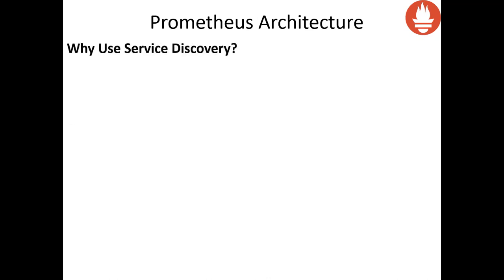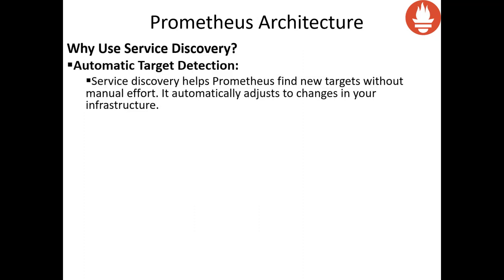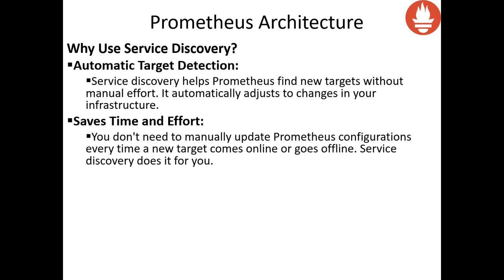Now, why do we use service discovery? Automatic target detection: service discovery helps Prometheus find new targets without manual effort. It automatically adjusts to changes in your infrastructure. Saves time and effort: you don't need to manually update Prometheus configurations every time a new target comes online or goes offline.